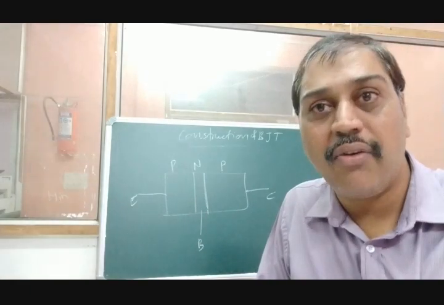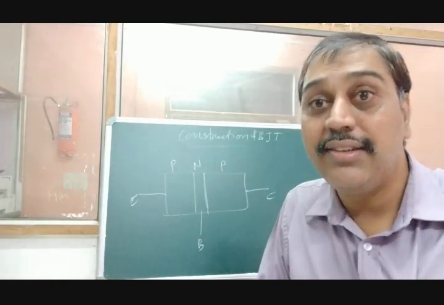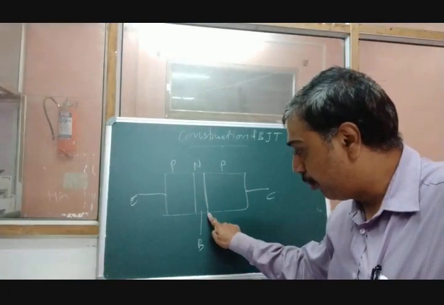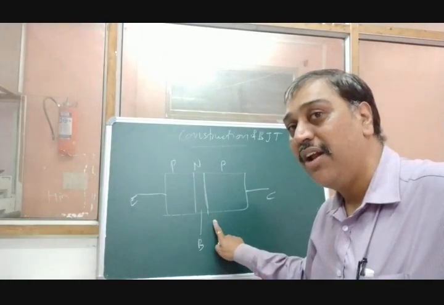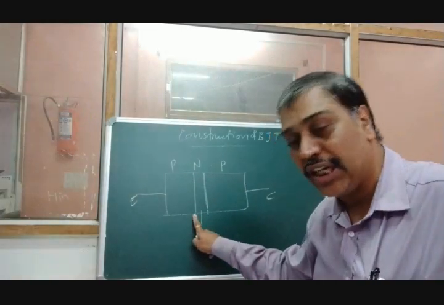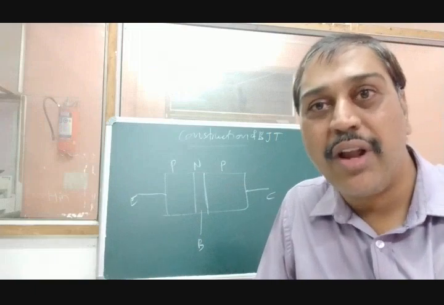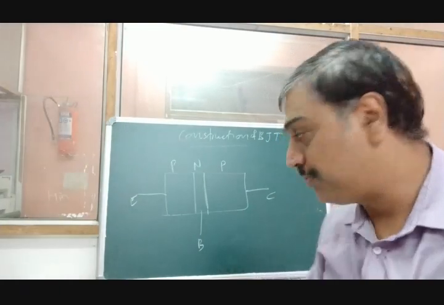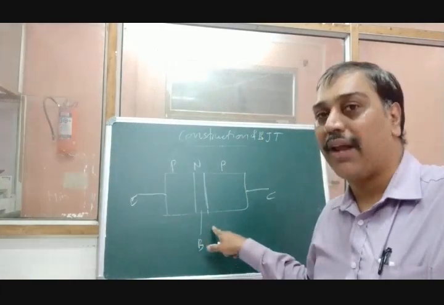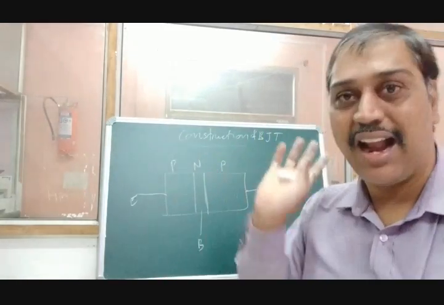As current is not flowing, what does it mean? There is large resistance. So here, the reverse bias of the output junction is said to be high resistance. And the forward bias of the input junction is said to be low resistance. So resistance gets transferred from low to high. That is said to be the transfer of resistance. That is nothing but a transistor.